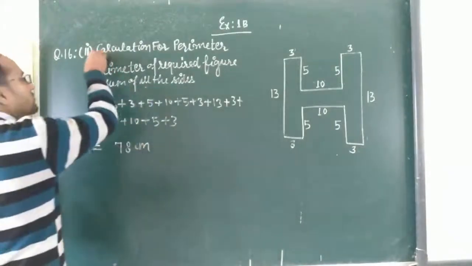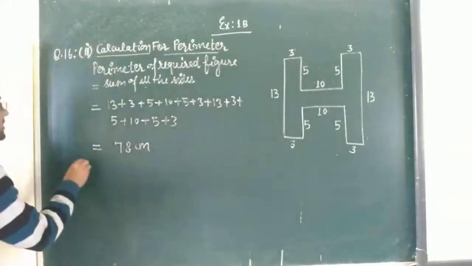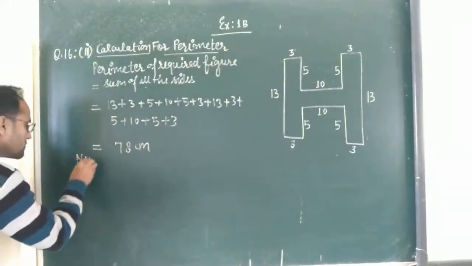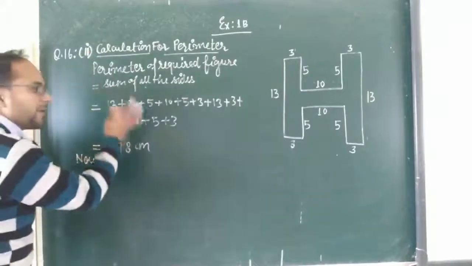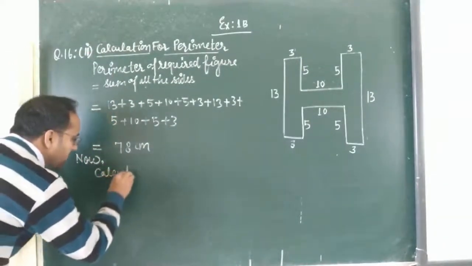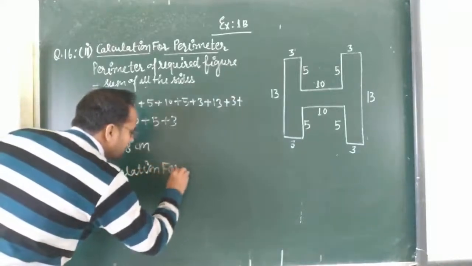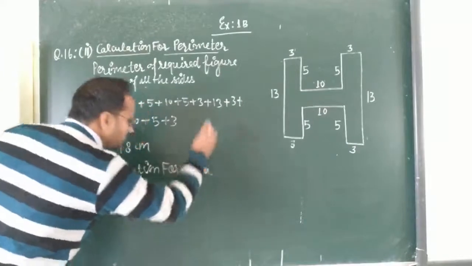Now we are going to calculate the area of this figure. This is the perimeter of this figure. Now calculation for the area of the figure.